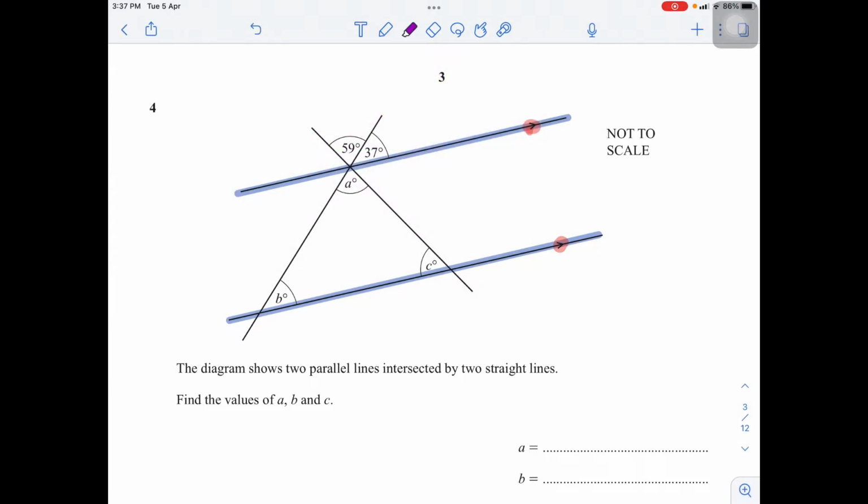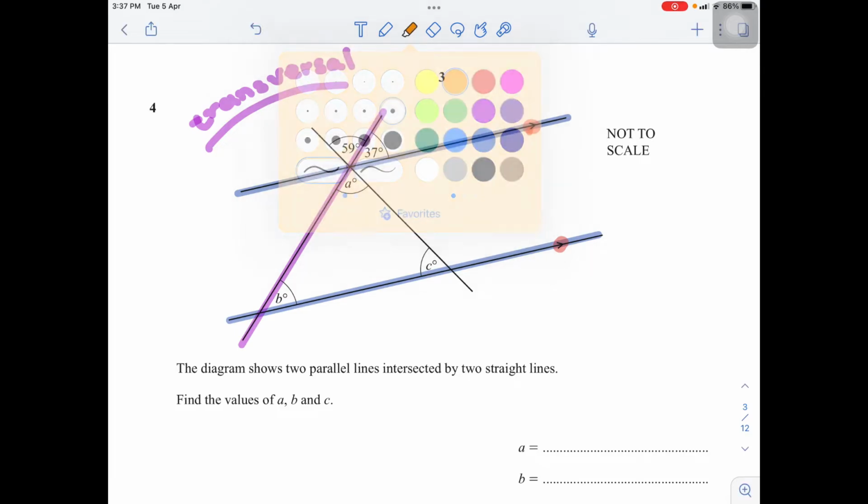All right. A line crossing both parallel lines is called a transversal. So this is one transversal and that's another transversal.